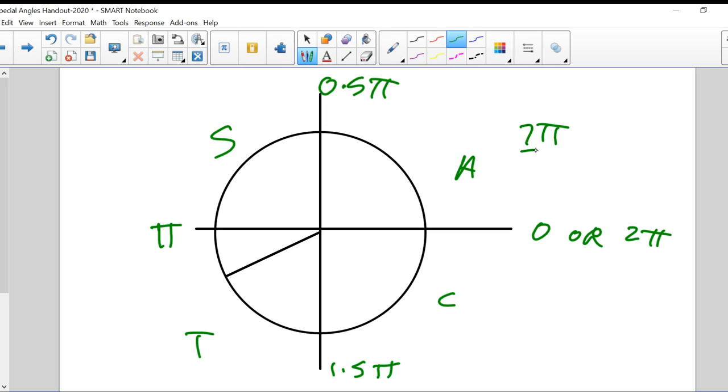Based on what I just told you, what do you think this related acute angle is right here? What's the RAA that we're looking for on this? I gave you a little hint as to how you could find that RAA for 7 pi over 6. What do you think that is, folks? We need the RAA.